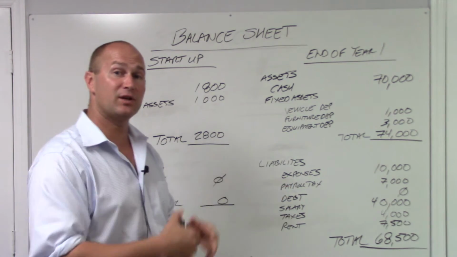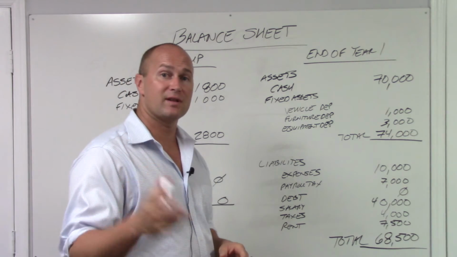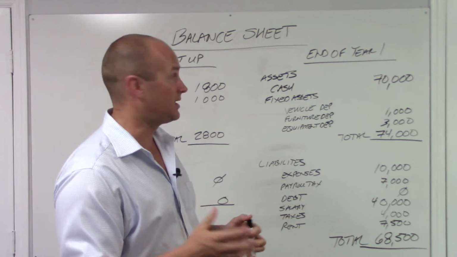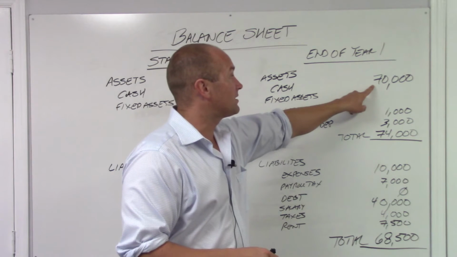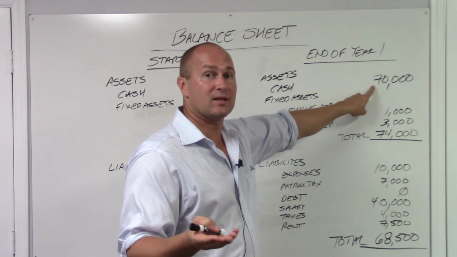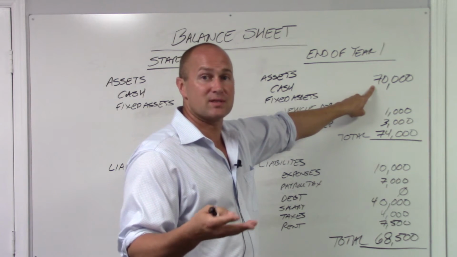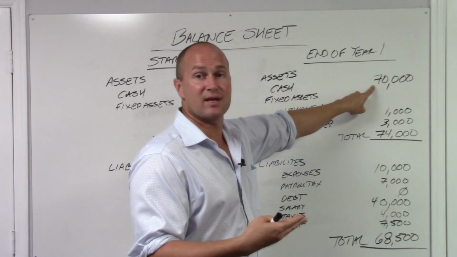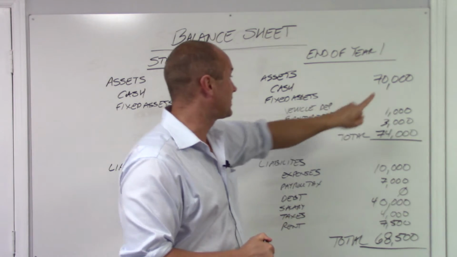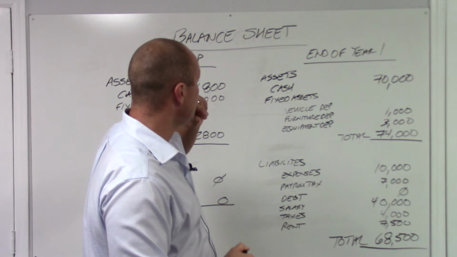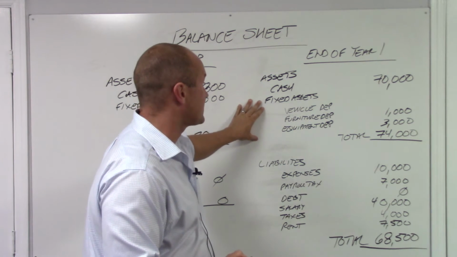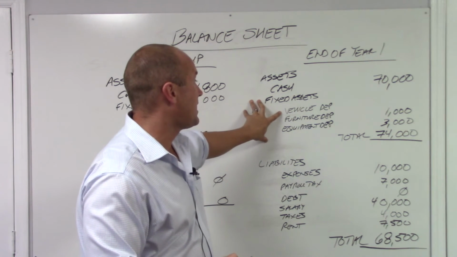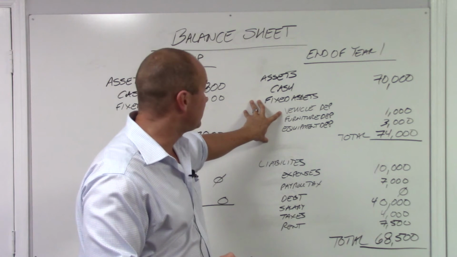At the end of year one, you have $70,000 in sales. We're a cash-based clinic, so we're not dealing with financing or reimbursement, so we have straight $70,000 in cash. Now we look at the fixed assets. Say we added a vehicle to get to and from work.